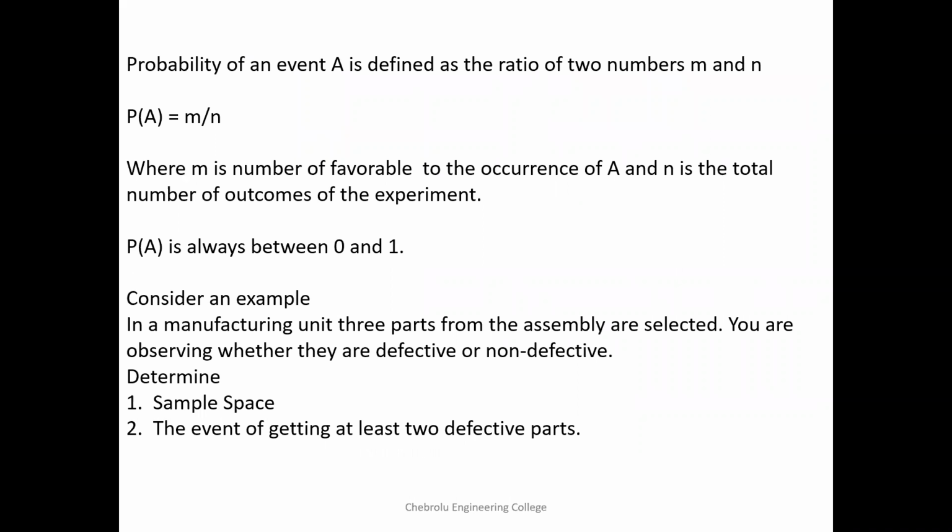P of A, where A is an event. Probability of the event is equal to M by N, where M is the number of favored occurrences of A, and N is the total number of occurrences, the total number of experiments, how many times you have done the experiment. This is how it is calculated.